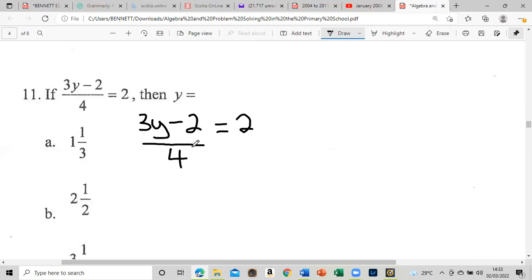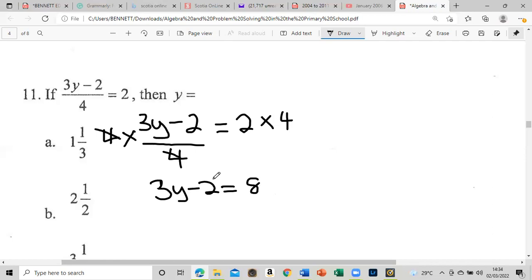So now the first thing we need to do is get rid of the denominator. So we multiply both sides by the denominator, which is 4. So after we get rid of the denominator, we're left with 3y minus 2 equal to 2 times 4, which is 8.